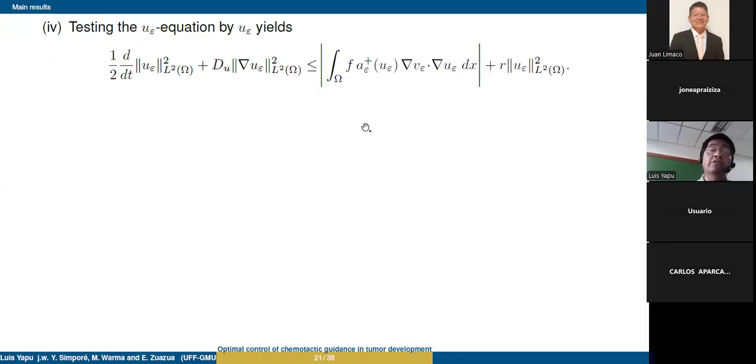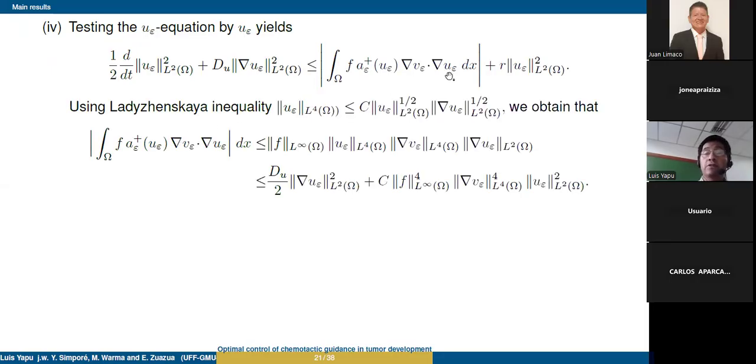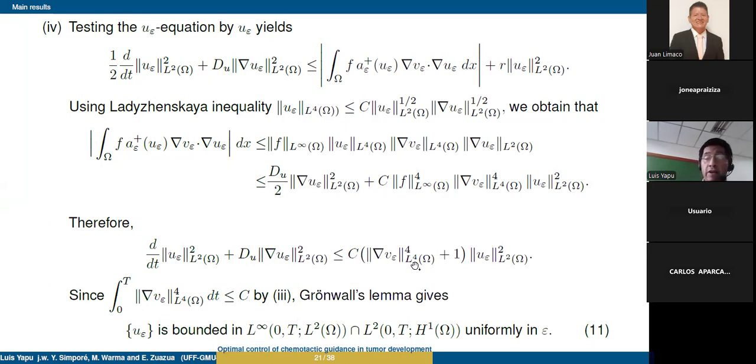Now we test the equation with u epsilon. Ladyzhenskaya. Here we are estimating the right-hand side. Young. And we arrive at this expression where we have the L4 norm of the gradient of v.